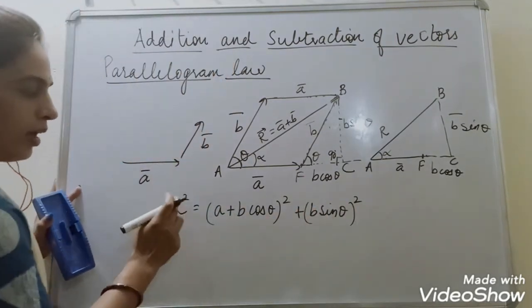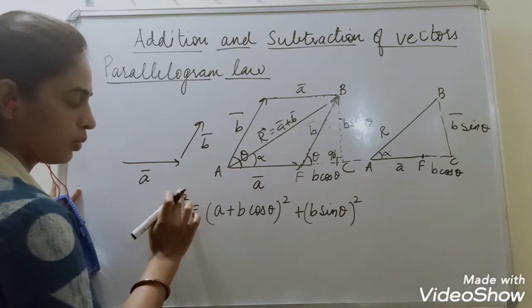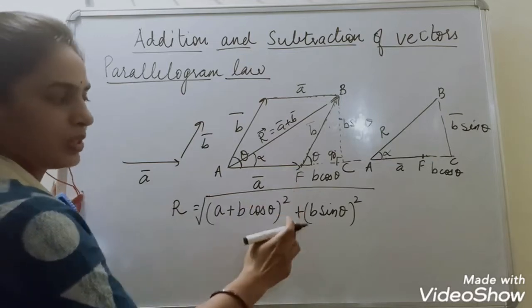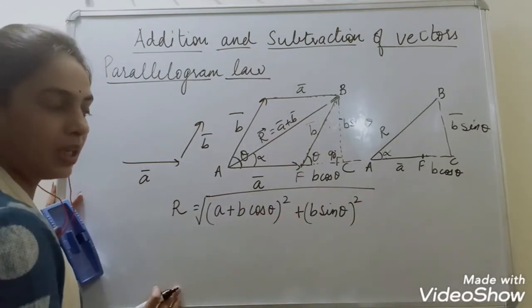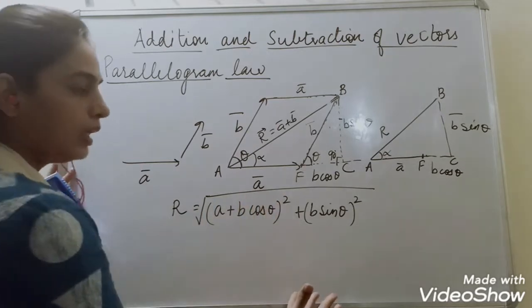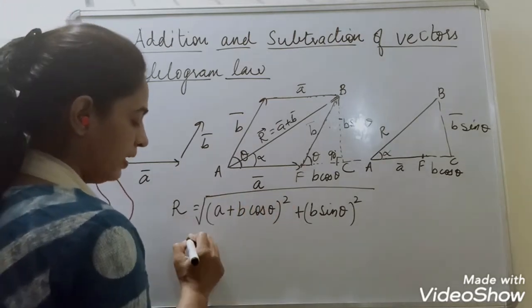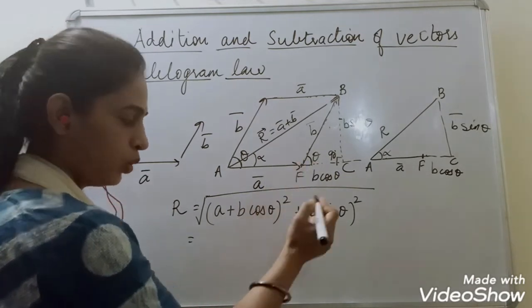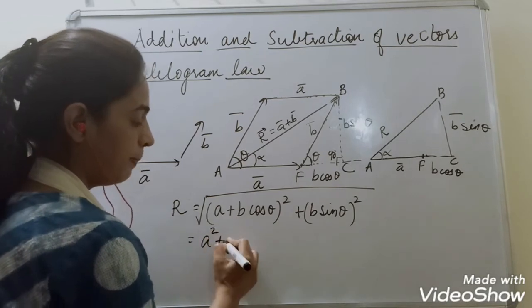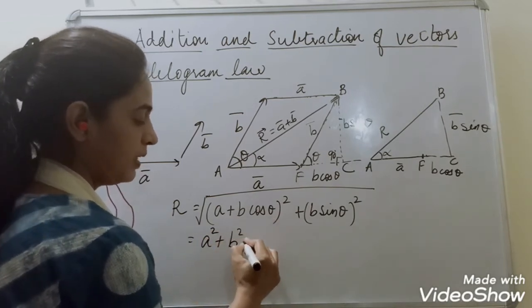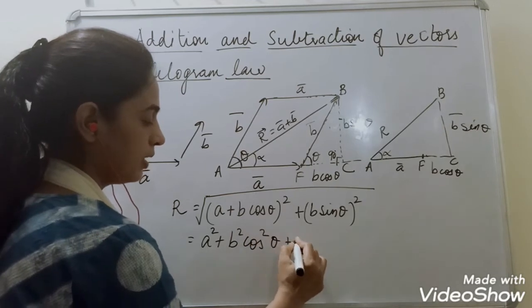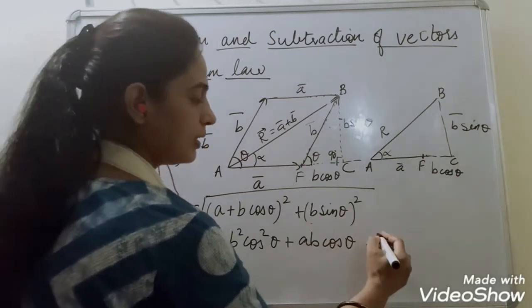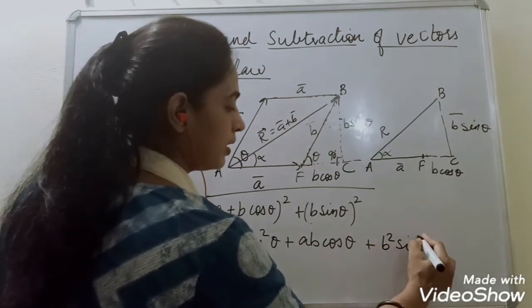Okay, so R, taking square roots on both sides, will be under root of a plus b cos theta whole square plus b sin theta whole square. Opening the brackets or expanding, we can write a plus b cos theta whole square as a square plus b square cos square theta plus 2ab cos theta, plus this b square sin square theta.